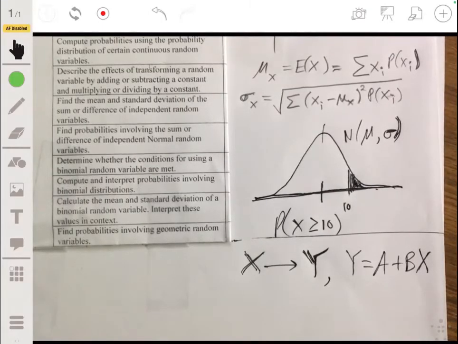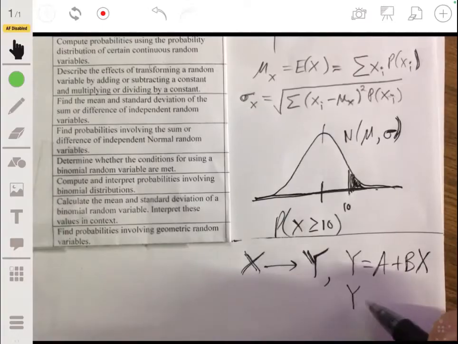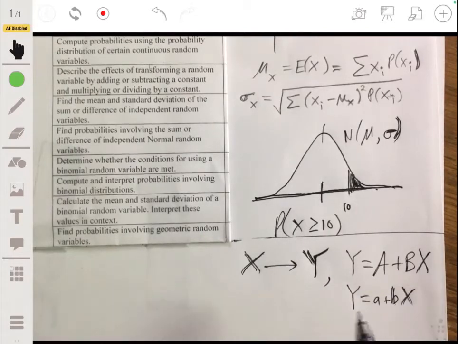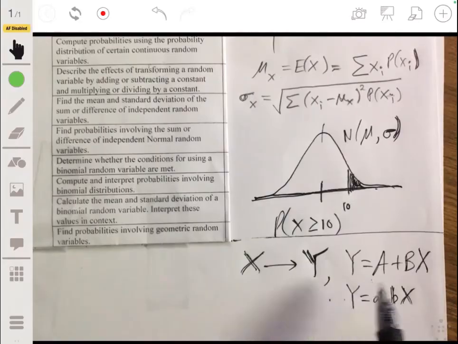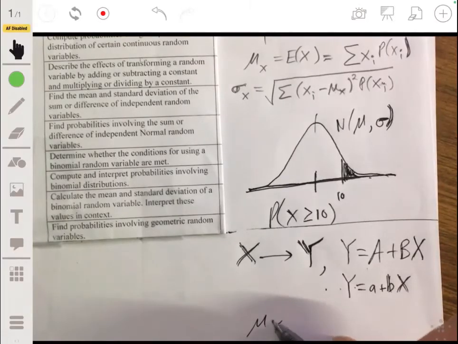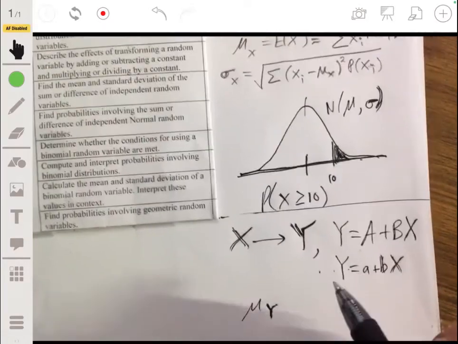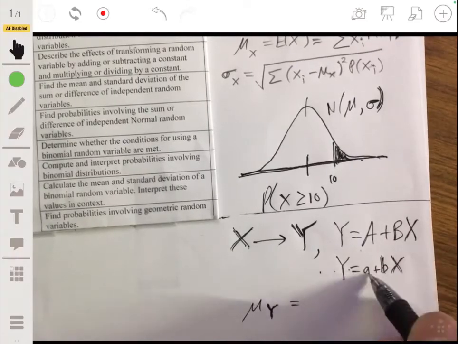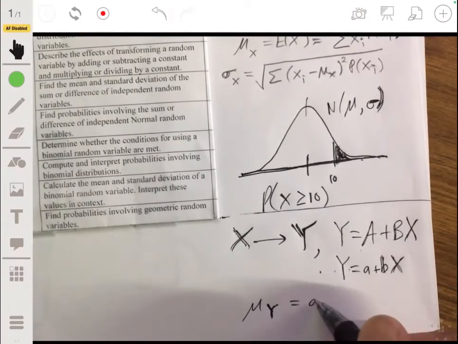Some textbooks have the a and b capitalized. It's fine if you have it like this. I think mine actually has it like this. Now, what we need to know is what's going to be the mean of y when you apply this transformation with this equation. Well, the mean of y will simply just be equal to a plus b times the mean of x.